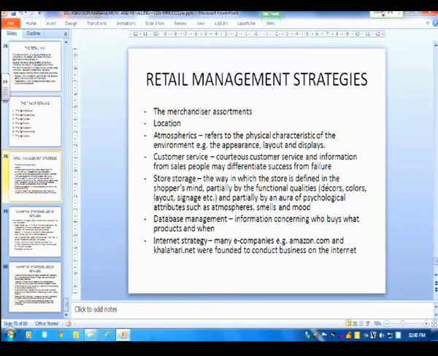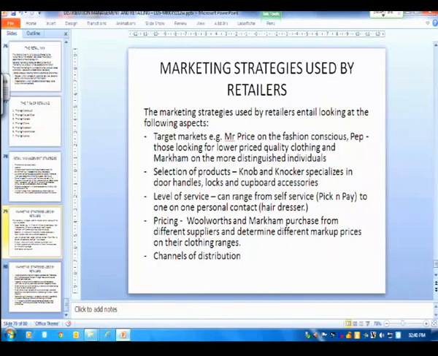And then 6, database management. This refers to the information concerning who buys what products and when. And then lastly, 7, internet strategy. Many e-companies, e.g. Amazon.com and Kalahari.com, were founded to conduct business on the internet.